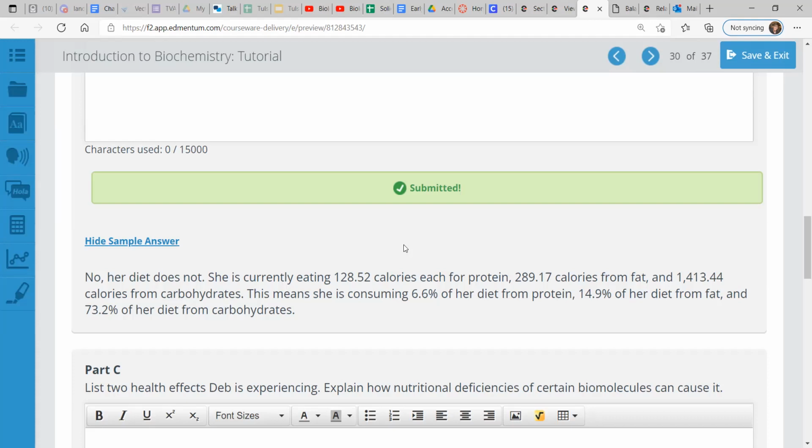Now, necessarily eating more carbs is not always a bad thing, right? Different diets for different people may be better. In certain cases, a keto diet has been prescribed for epilepsy or certain health conditions.